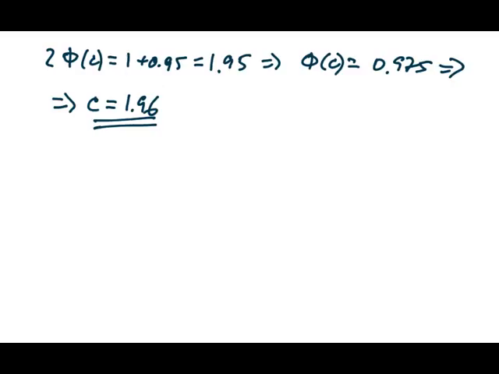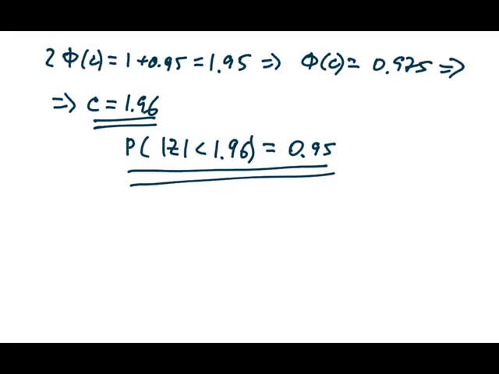So what does this all mean? The probability that the absolute value of z is less than 1.96 equals 0.95.